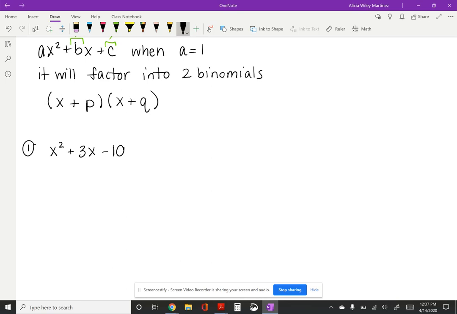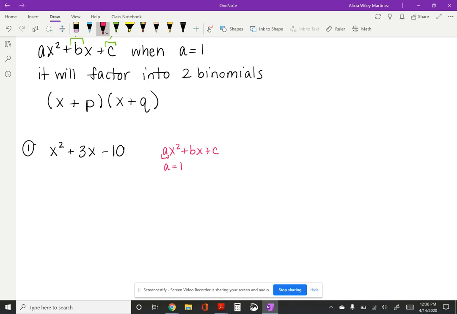Okay, so in this problem, I first am going to recognize the form that it has taken. This is a quadratic trinomial in the form of ax squared plus bx plus c, and I can see that my value of a equals 1. Right, so these are just things that I'm thinking off to the side.